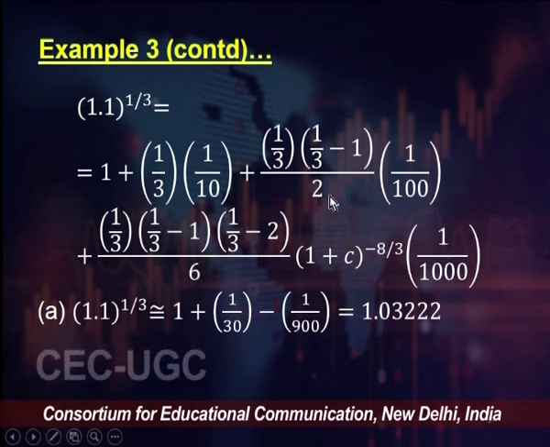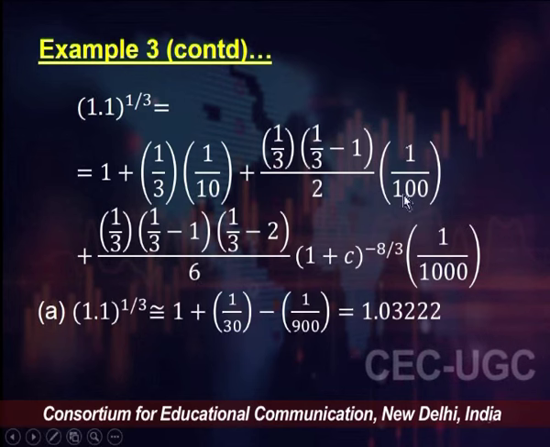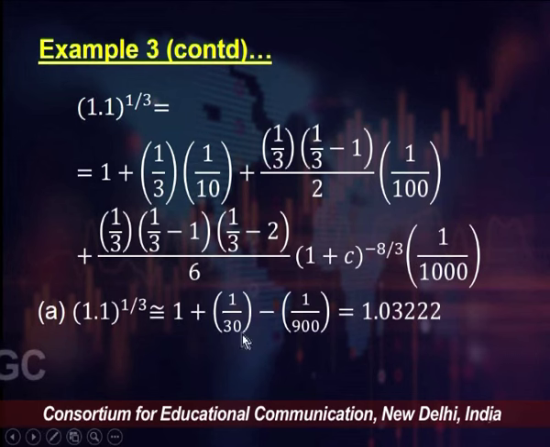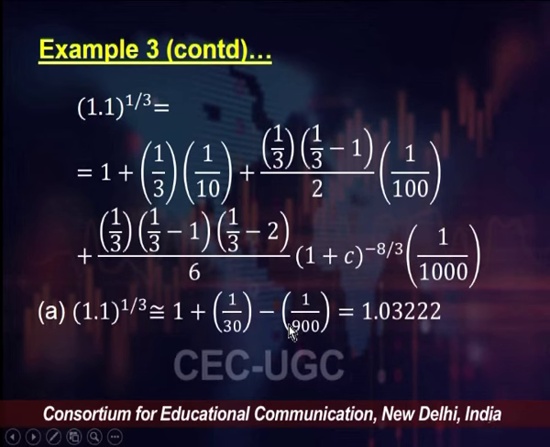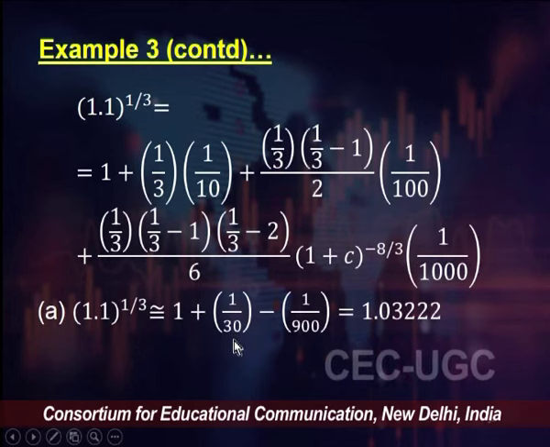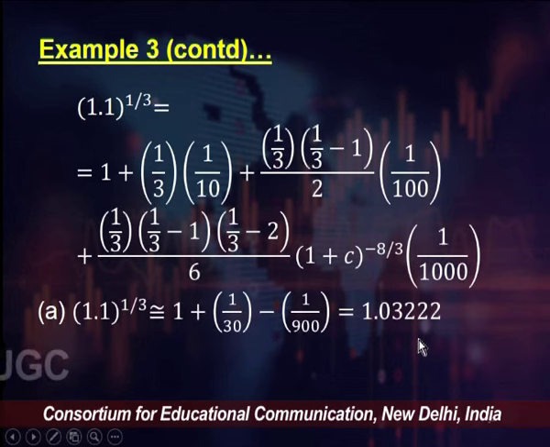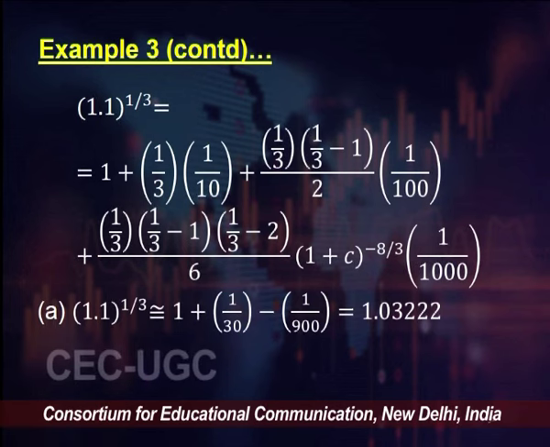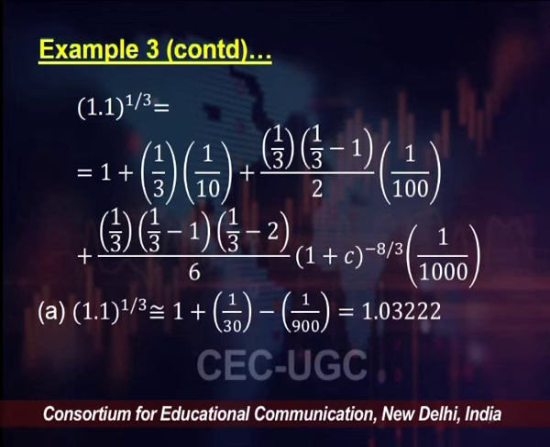So you get minus 1/9, which multiplied by 1/100 will give you minus 1/900. So the estimate that we get from the polynomial approximation for n equal to 2, the quadratic approximation for the cube root of 1.1, is 1.03222. If you go up to 5 decimal places, you can try this on your own.